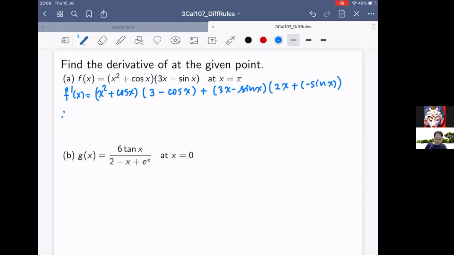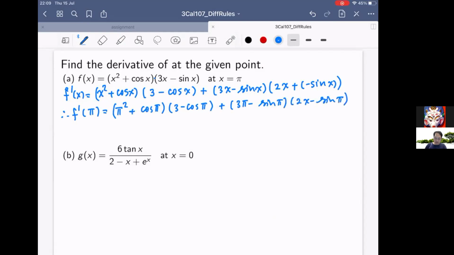So it means that your f prime at pi becomes what? So you just replace each and every x by a pi. Okay, here 3 pi sine pi, 2x minus sine pi. But your cosine of pi is -1. Okay, so this one with a negative becomes a plus.